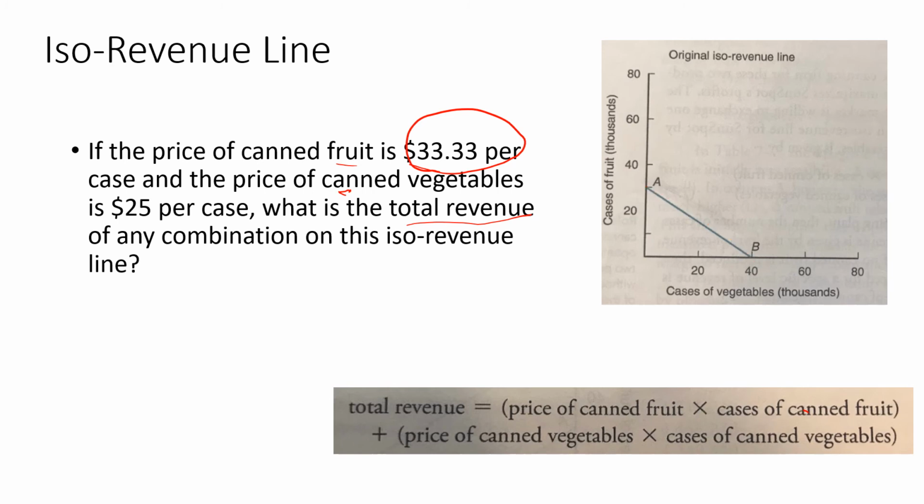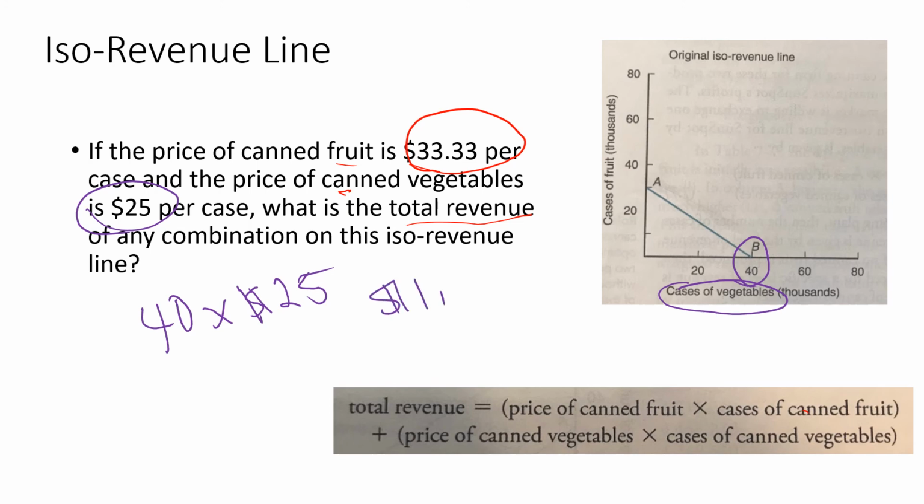So if we spent all of our inputs to produce only cases of vegetables, we could produce 40 cases of vegetables, and each case of canned vegetables we can sell for $25. So 40 times 25 is $1,000. So that's how much revenue we can bring in.